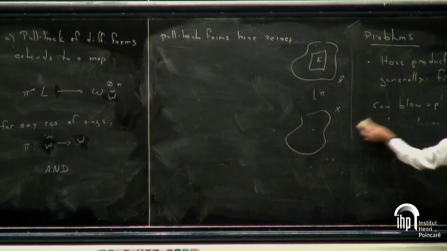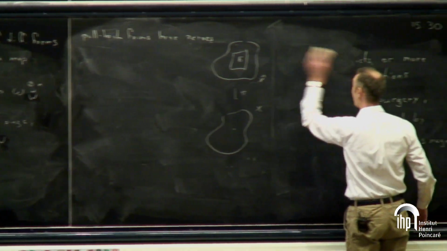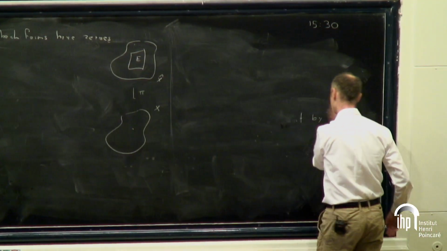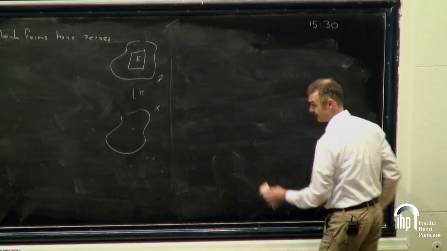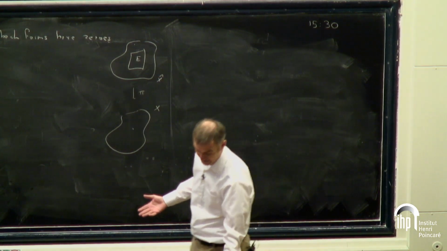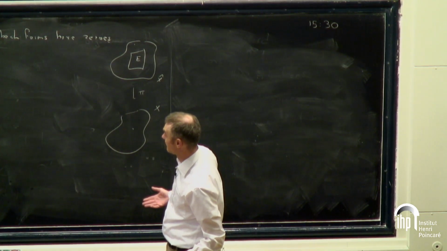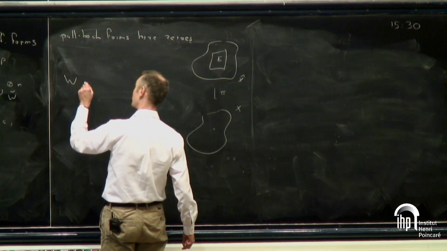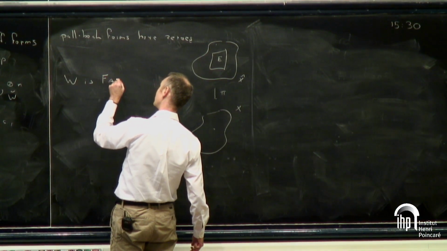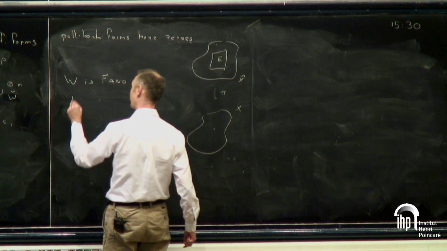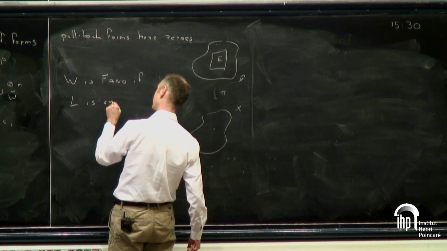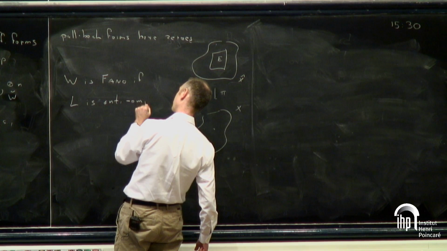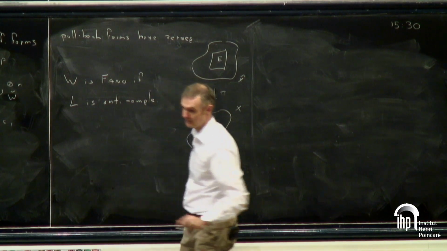So coming out of this is then essentially the understanding that, oh, I should say Fano. So W is Fano if L is anti-ample.